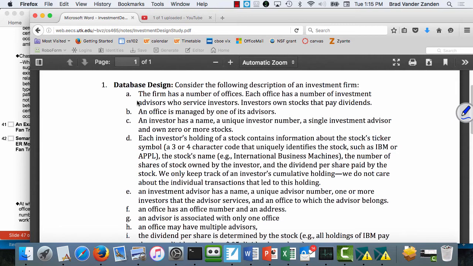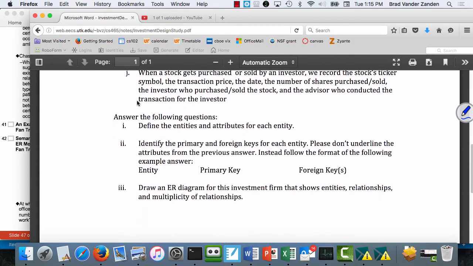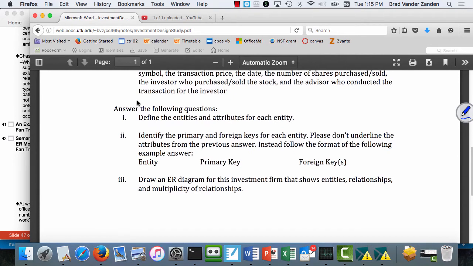So you're basically given this description of a problem and then asked to answer some questions about it. You're asked to figure out what the entities are, what the primary and foreign keys are, and what the ER diagram for it is. Now, the foreign keys, as I've told you, are probably going to depend on the relationships that you draw. Remember I said that if there's a relationship between two entities, there's probably a foreign key involved.